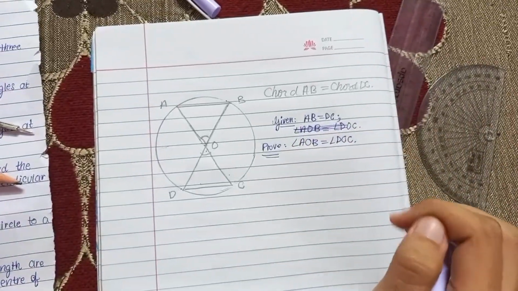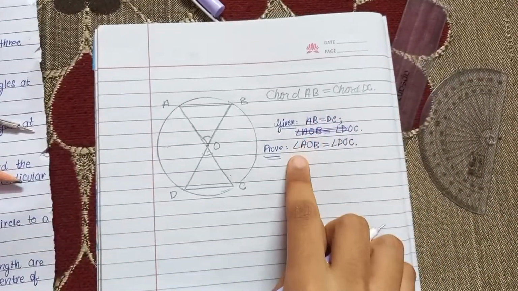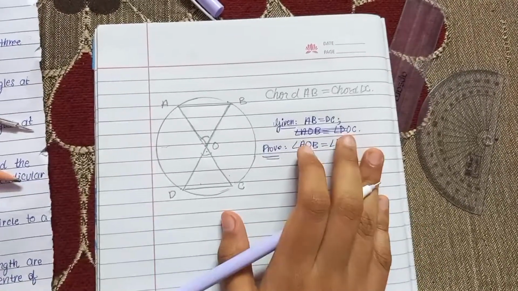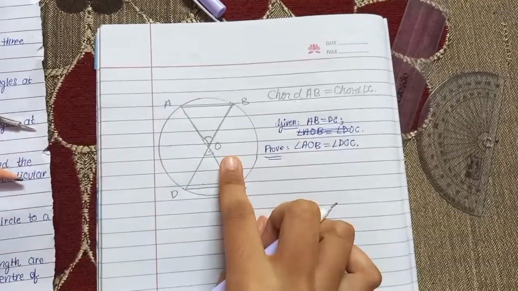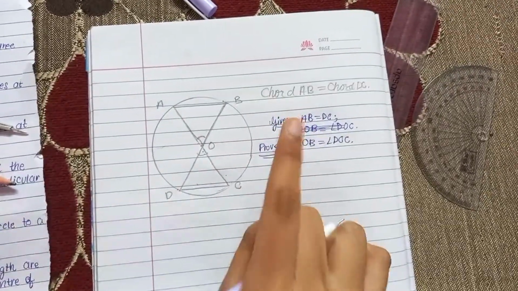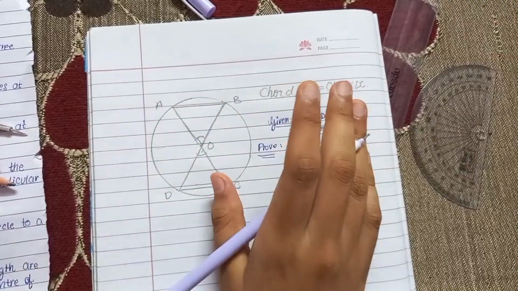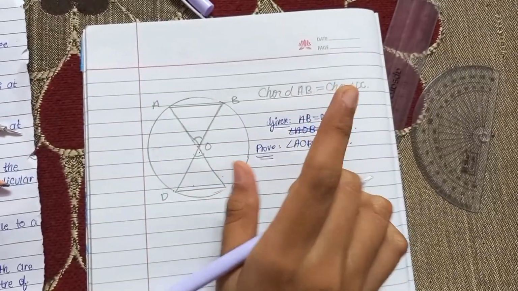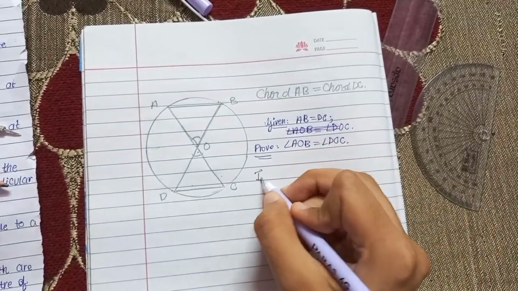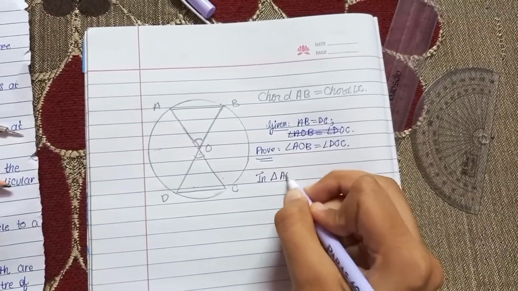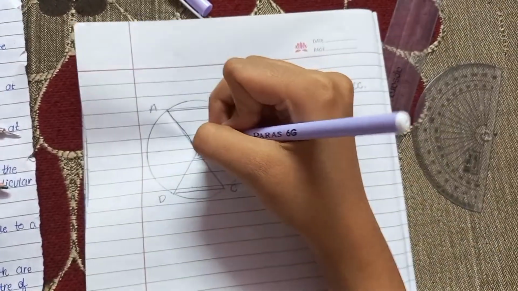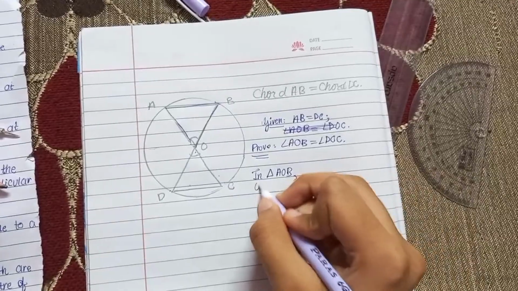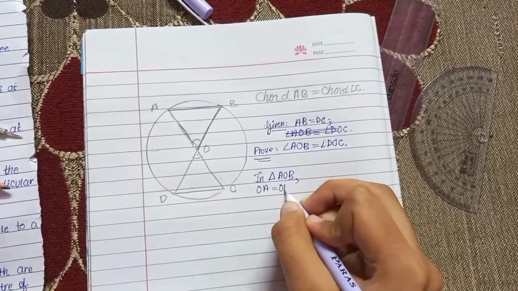Now how can we prove this? We need to apply the property of congruence of triangles. For solving circle questions, your prerequisite knowledge of triangles, meaning all the properties of angles and the congruence of triangles, should be clear. So first we write, in triangle AOB, OA is equal to OB.